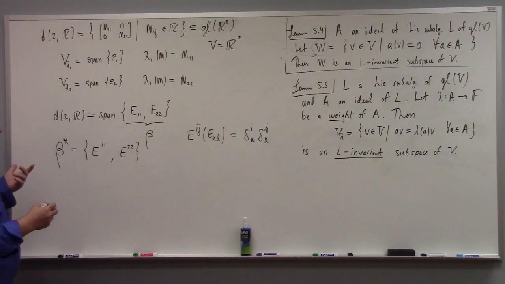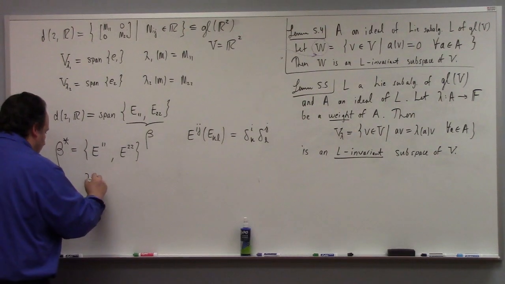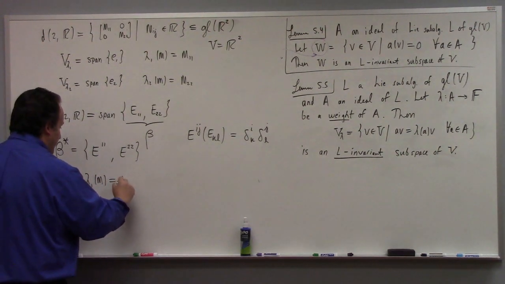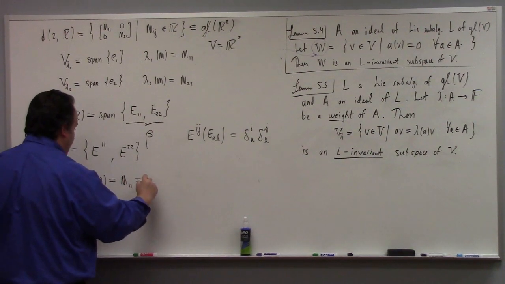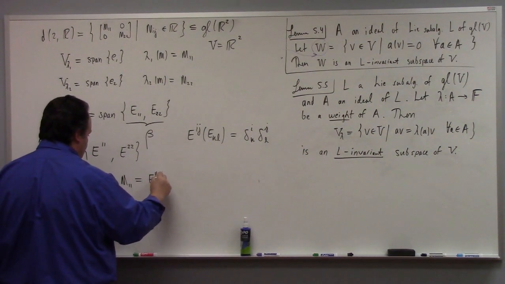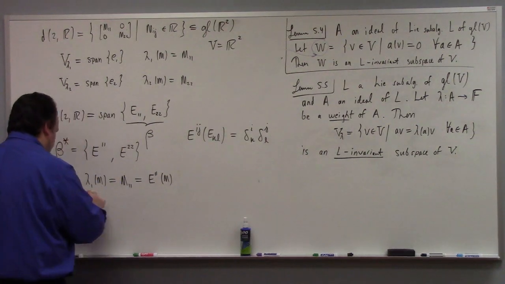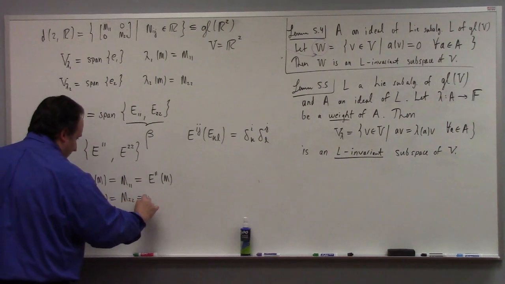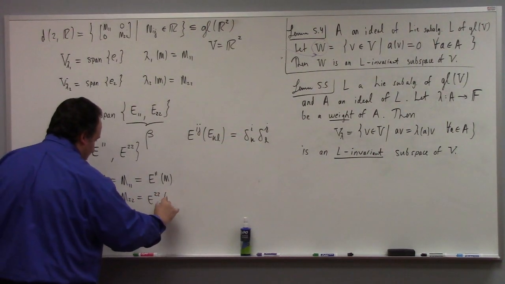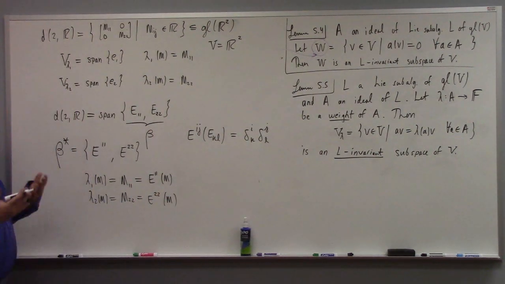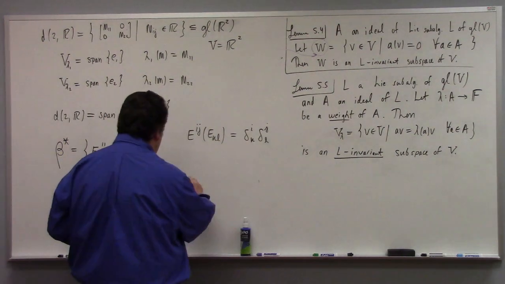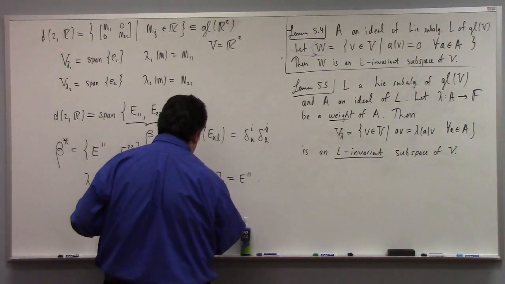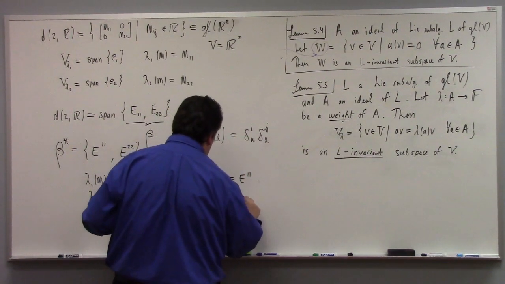In particular, lambda 1 of M, I said it's M11, but you could just as well write that as E11 acting on the M. Lambda 2 of M is M22, but you could write that as E22 acting on the M. So I have two weights. Lambda 1 is E11. Lambda 2 is E22.